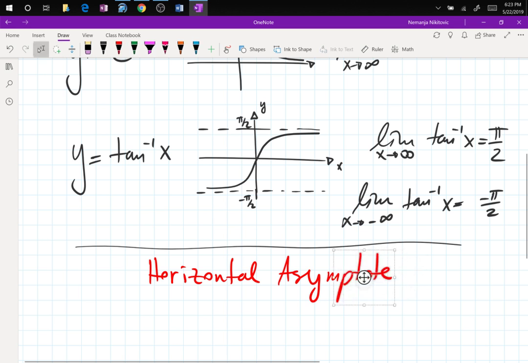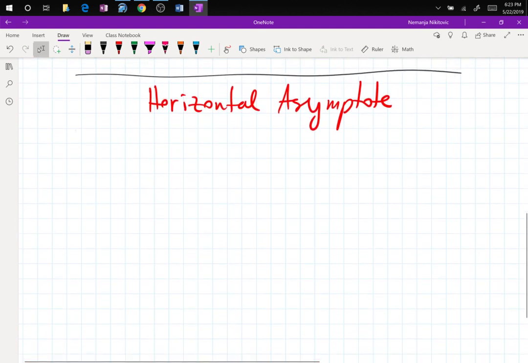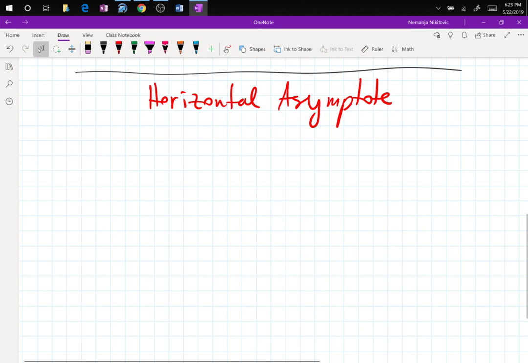I would imagine it's a bit of an inverse for a vertical asymptote. It's not an inverse, it's its own thing. Can a horizontal asymptote equal infinity? They can, but they have a feature that the vertical asymptotes don't have.